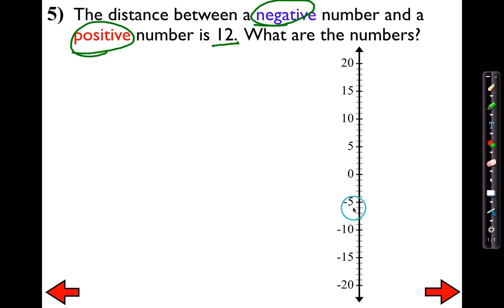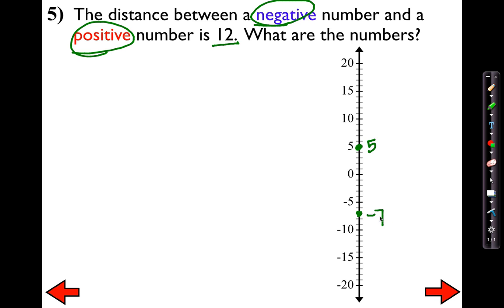Looking at a number line, maybe I want to start with 5. That's a positive number, so I need a number that's negative. So going in this direction, let's see if we can make this a distance of 12. 1, 2, 3, 4, 5, 6, 7, 8, 9, 10, 11, 12. So this would work. It should be 5 and negative 7.